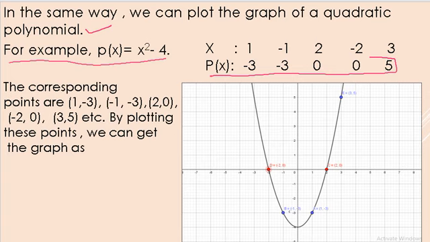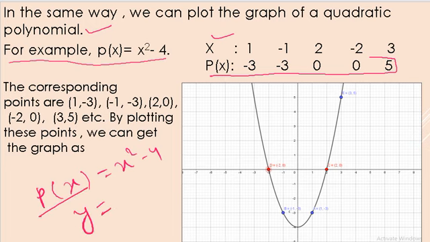Suppose p(x) equal to x square minus 4 and p(x) we write on the y-axis. You can understand in the upper class why we write this.